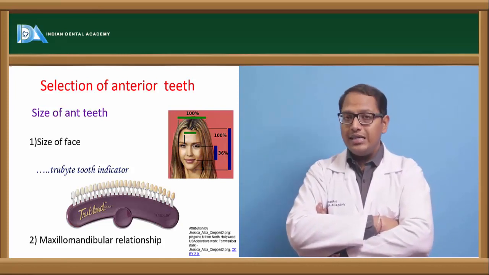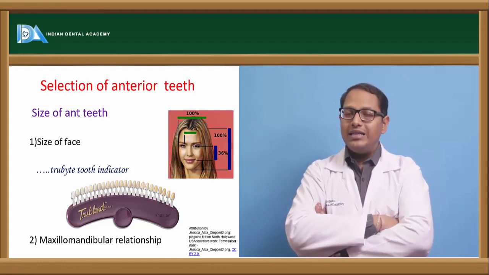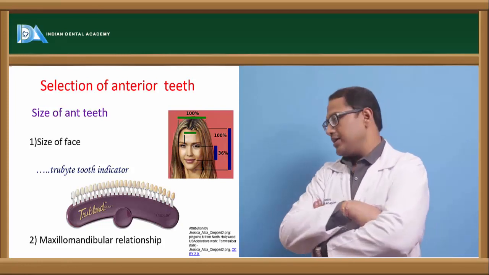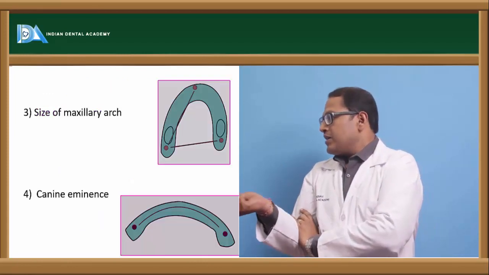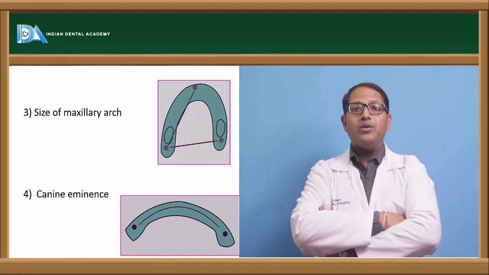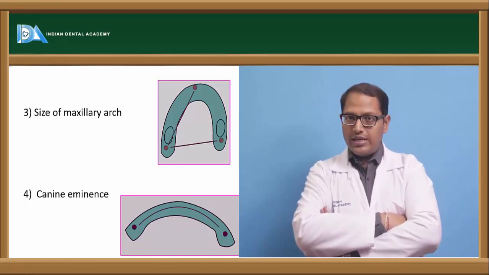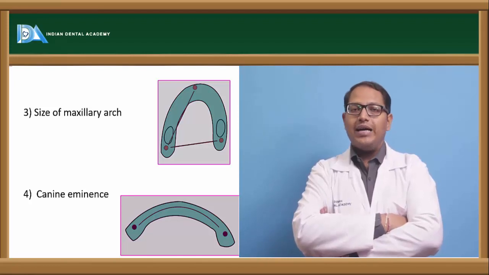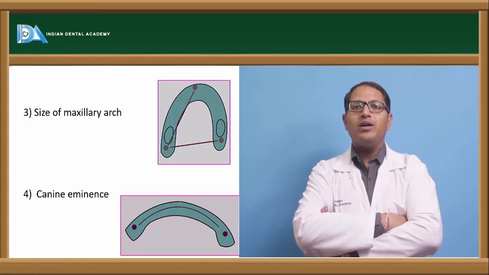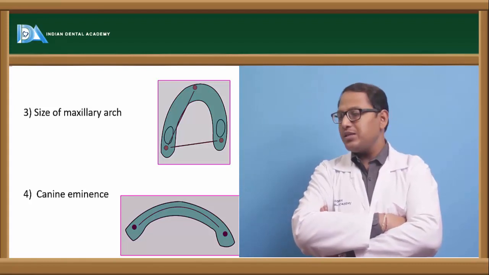The reason lies here because the length of the central incisor that we are going to use is around 21 to 25 mm. Coming to the size of the maxillary arch, we have told earlier as well, while we were learning about retention, stability and support, that the size of the maxillary arch is around 24 centimeters square, whereas that of the mandible is around 14 or 16 centimeters square.